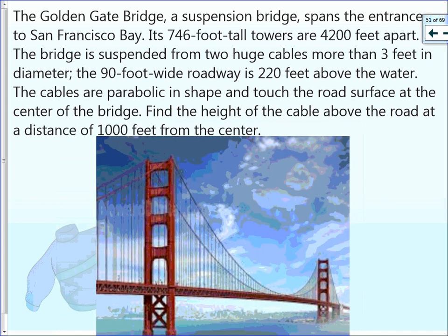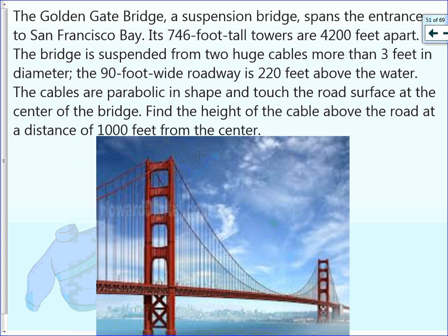We know that it is right in front of San Francisco Bay. It's 746 feet tall in terms of the towers, and those towers are 4,200 feet apart. So this tower to this tower right here are 4,200 feet apart.